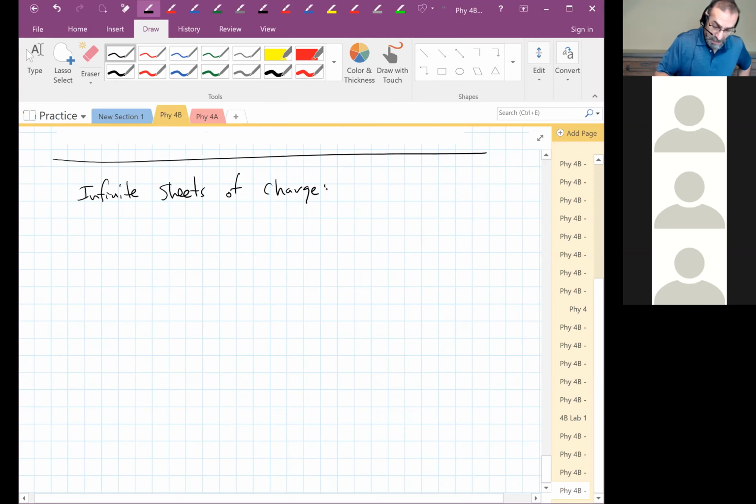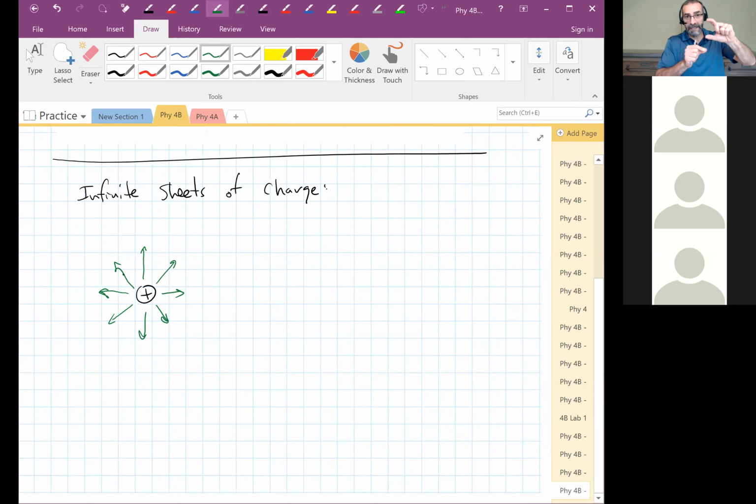Okay, so let's just take a look at a point charge. It fills the space around it with an electric field, right? Now, if we link multiple point charges together to make a little charged rod, it looks something like this, right?